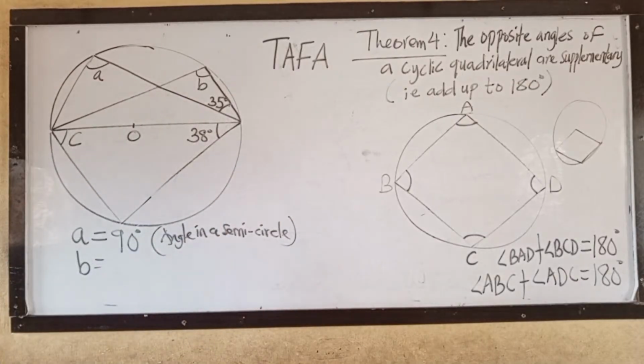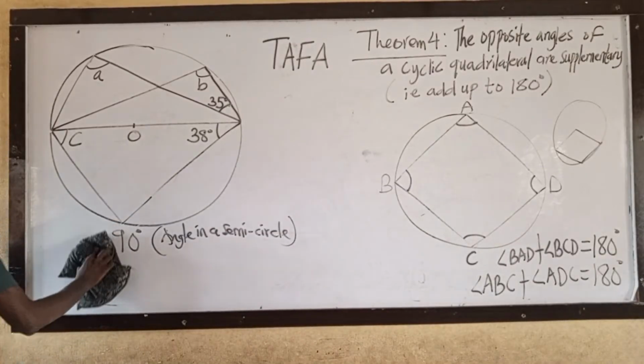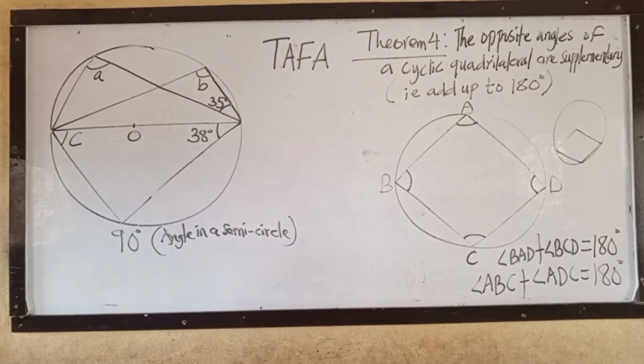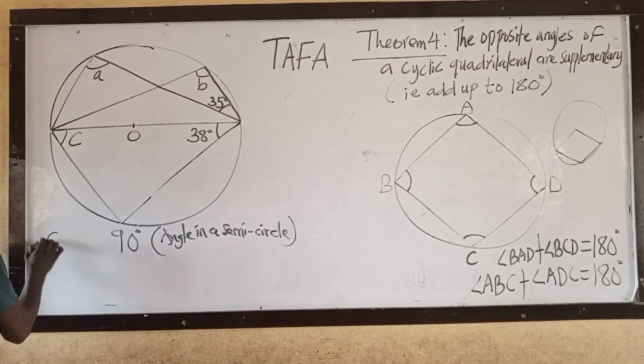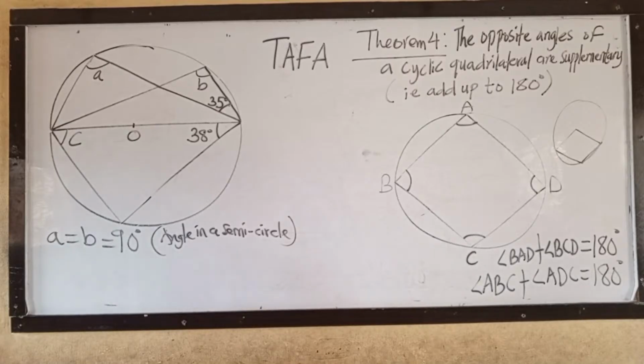So our A equals B, the same theorem. A equals B equals 90 degrees. So remaining what? C. It remains C.